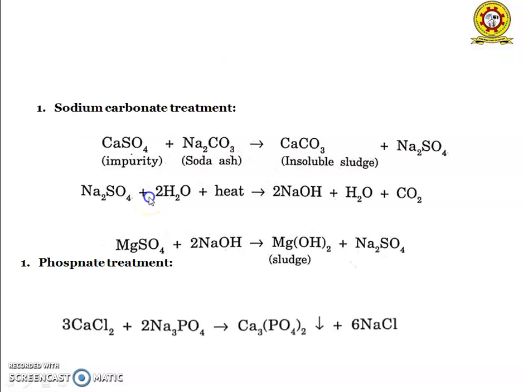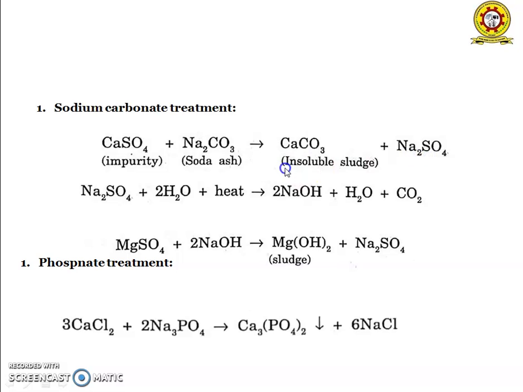The first one is sodium carbonate treatment. Dissolved solids are removed by adding soda ash to the boiler water. Impurities like CaSO4 react with soda ash to form an insoluble sludge, that is calcium carbonate, and Na2SO4.